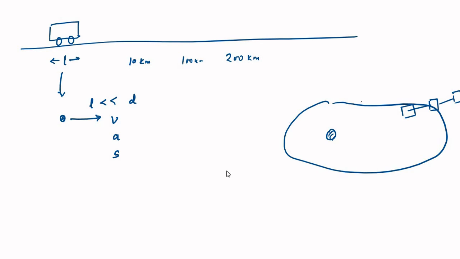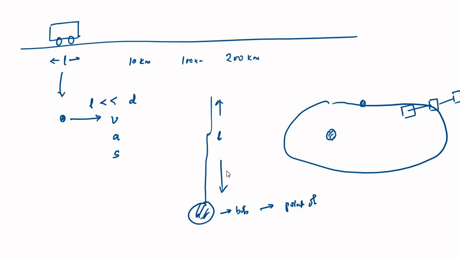So here it can be considered as a point object. Another simple example: let's say we consider a simple pendulum arrangement. Here the size of the bob is small, not very small, but small as compared to the length of the string to which it is attached. So here the bob can be considered as a point object. So it all depends upon that.